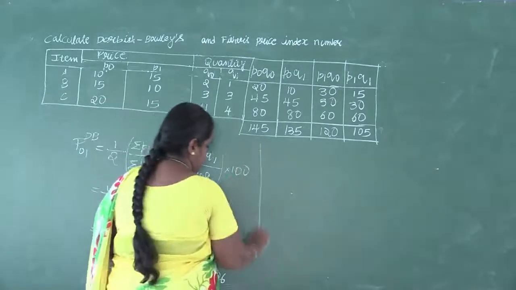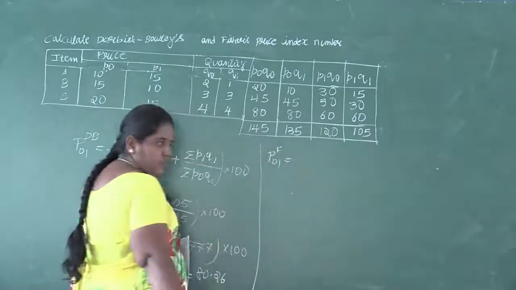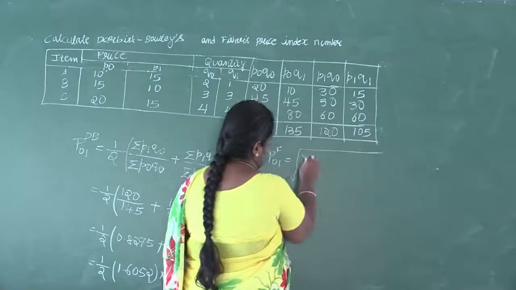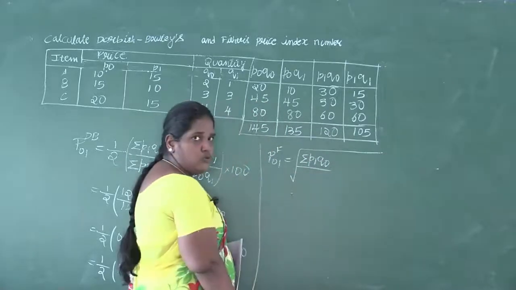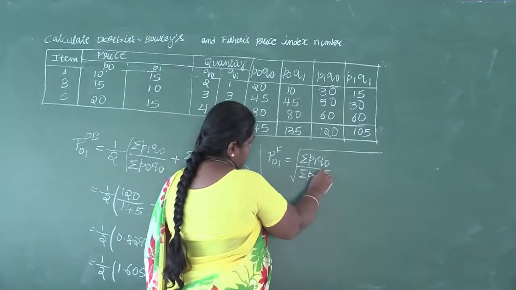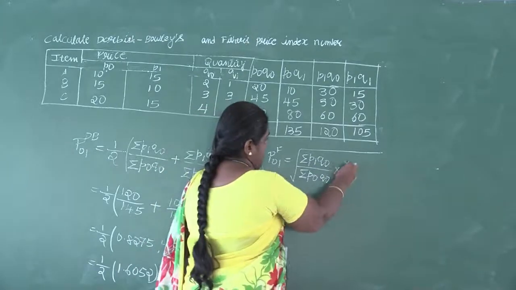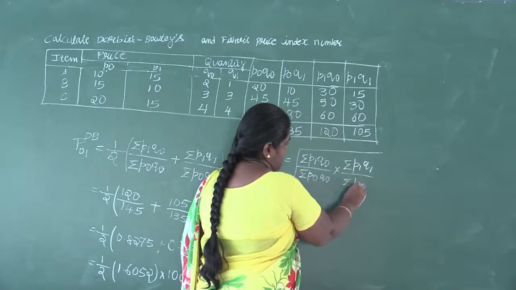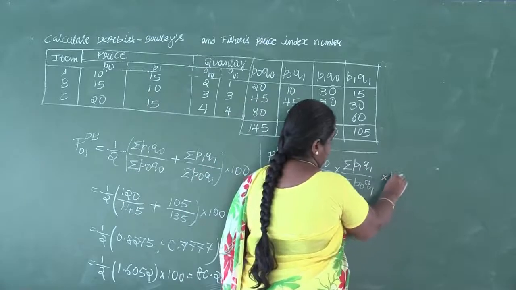Then Fisher's price index number we have to calculate. Again, even for this we are going to use the second formula since we have not calculated Laspeyres and Paasche's index number. So the formula is square root of sigma P1 Q0 divided by sigma P0 Q0 into sigma P1 Q1 divided by sigma P0 Q1 into 100.